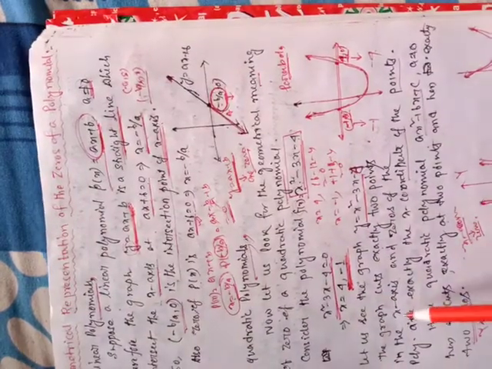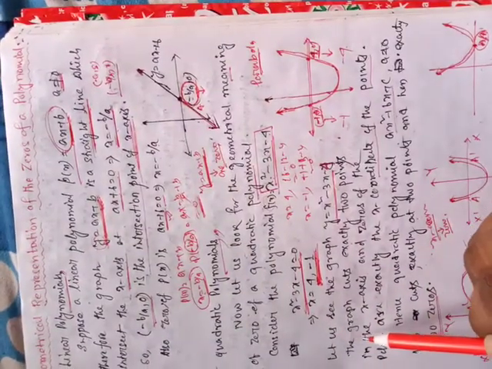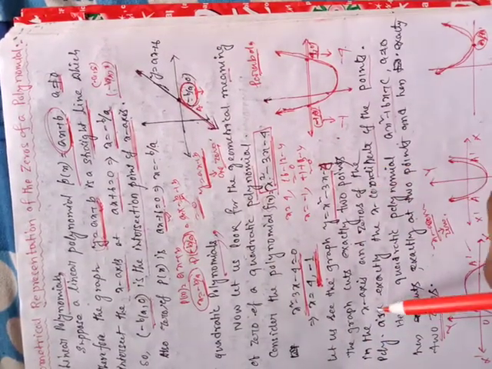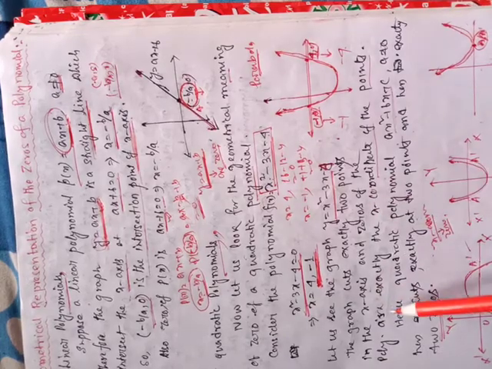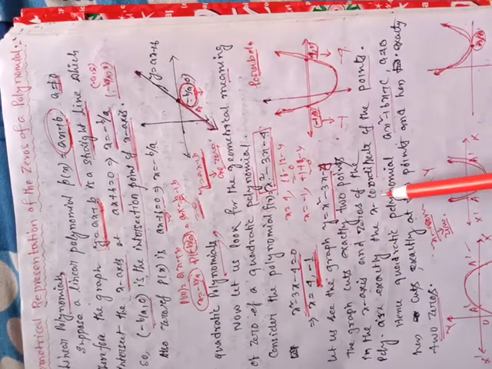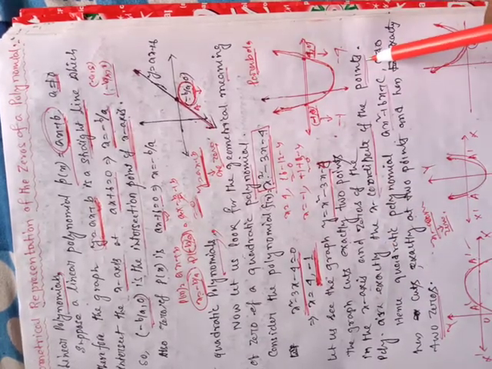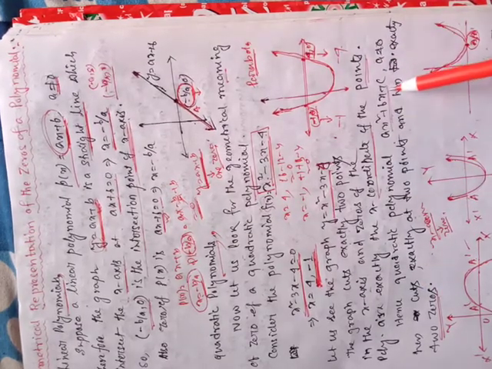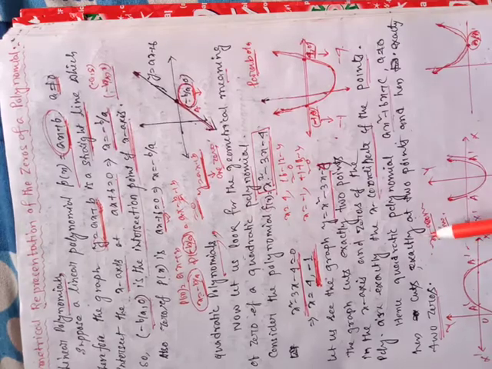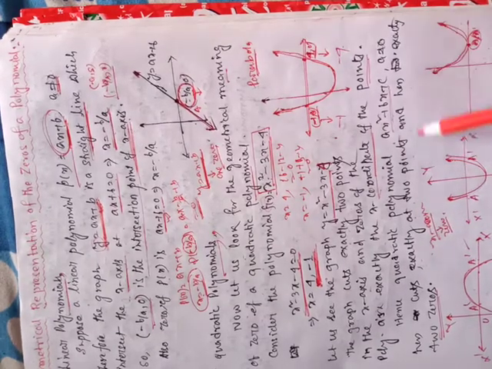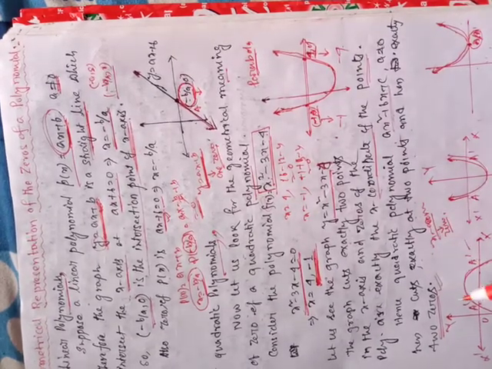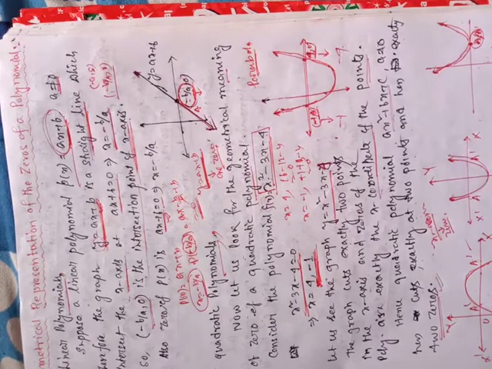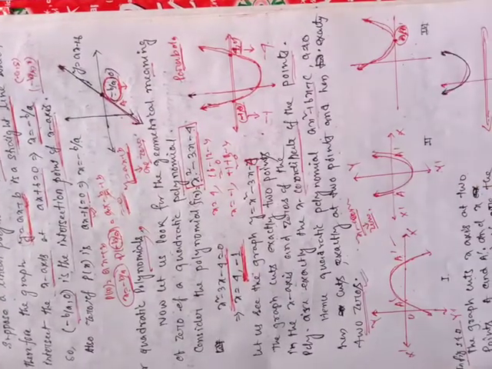So what we can say from here is that the graph cuts the x axis at exactly 2 points, and the zeros of the polynomial are exactly the x coordinates of those points. Hence the quadratic polynomial ax square plus bx plus c cuts at exactly 2 points and has exactly 2 zeros. So a quadratic polynomial has at most 2 zeros.